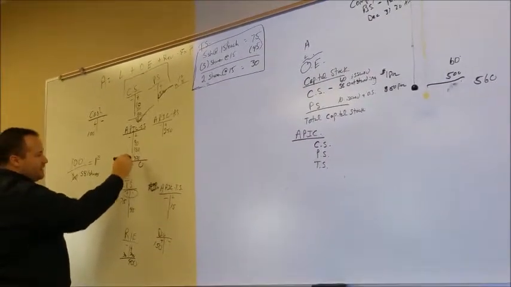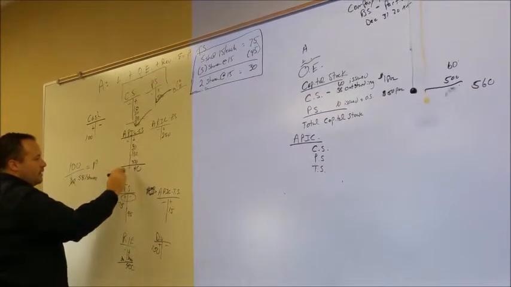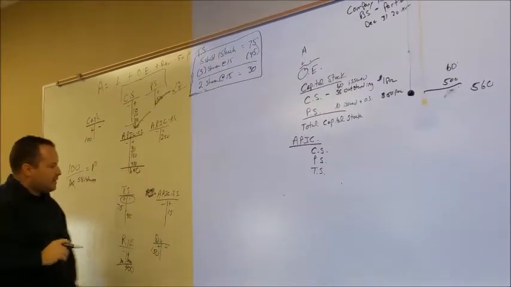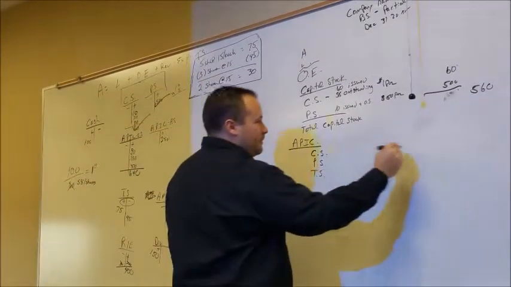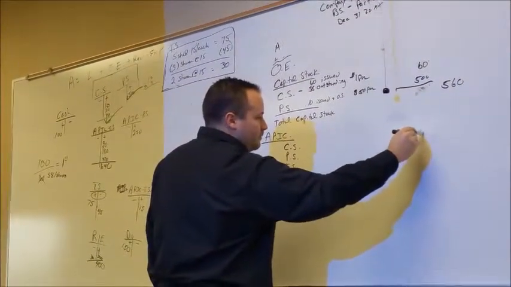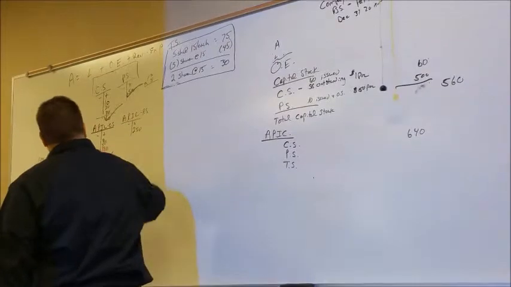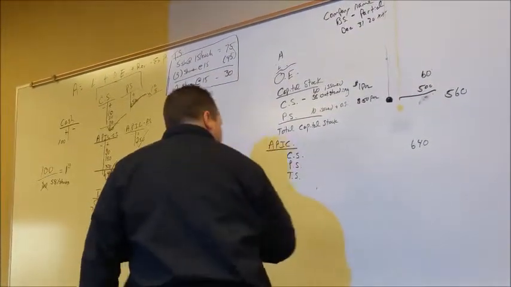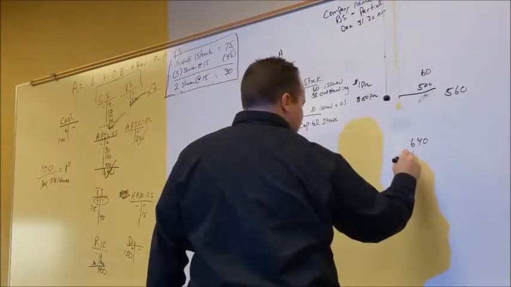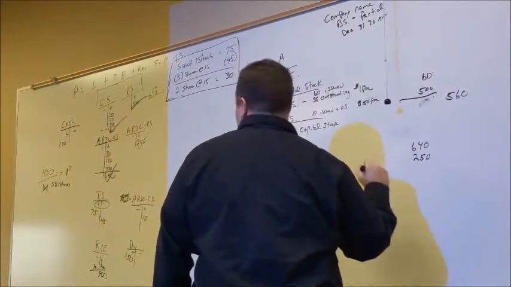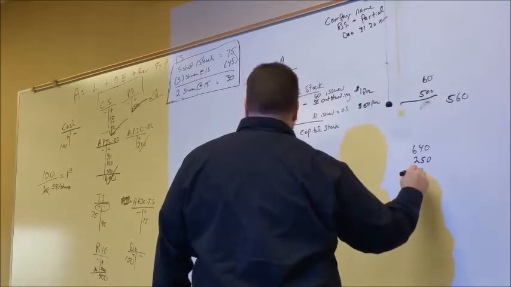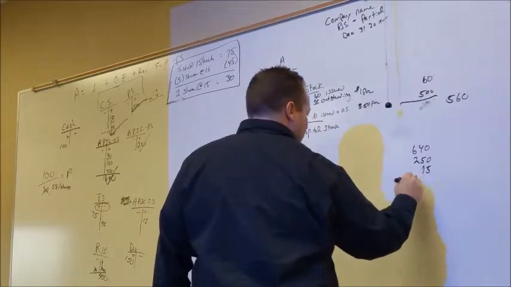Add it up, 17,240. Preferred stock, 250. Treasury stock, 15.